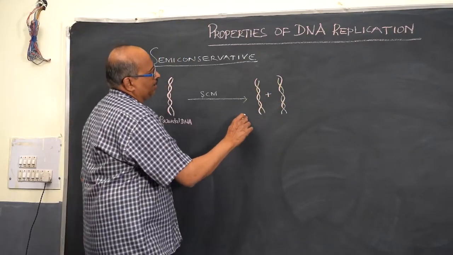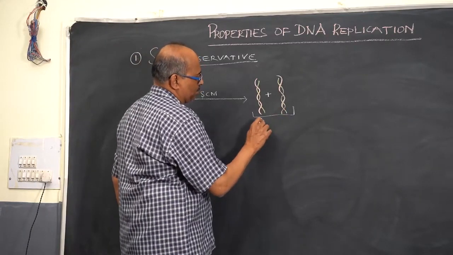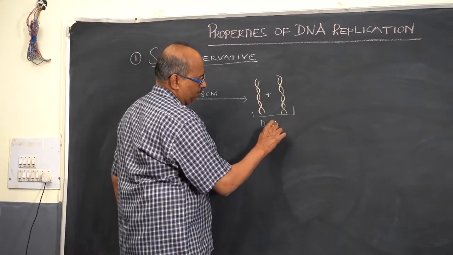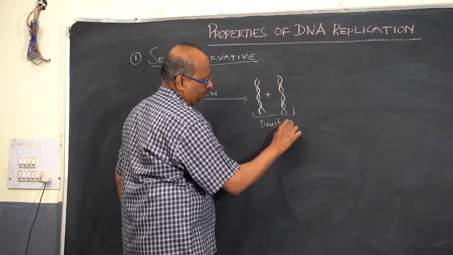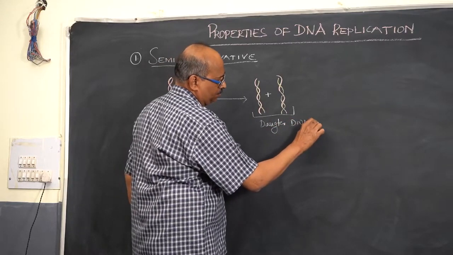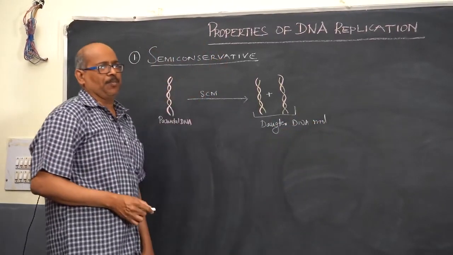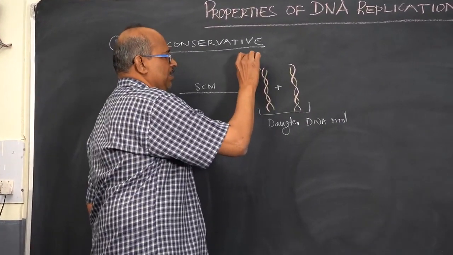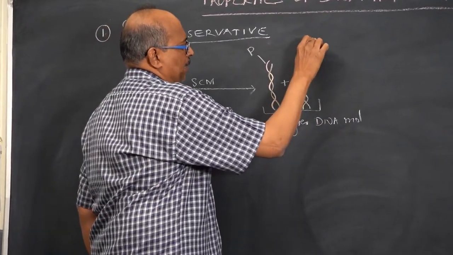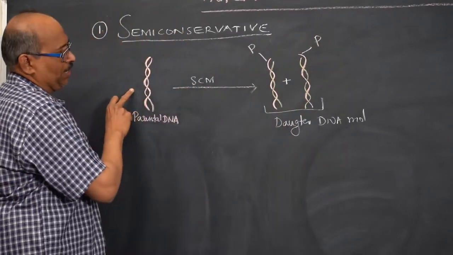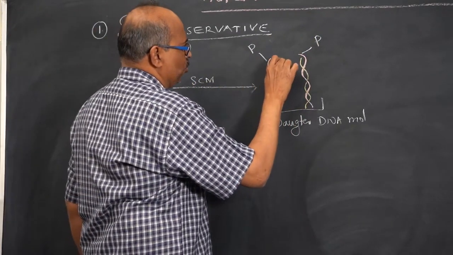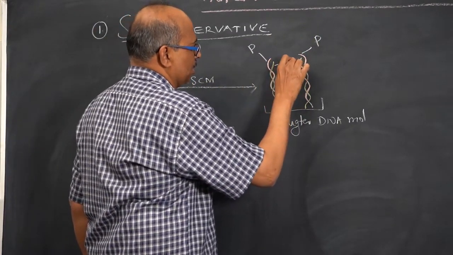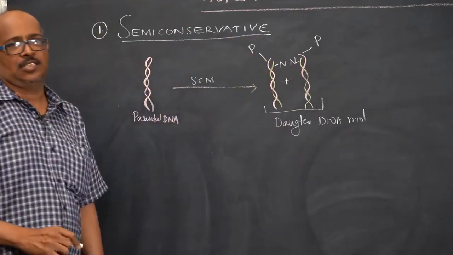So these are the daughter DNA molecules, or you can say DNA copies. In that, those two are parental, this is newly synthesized, this is newly synthesized.